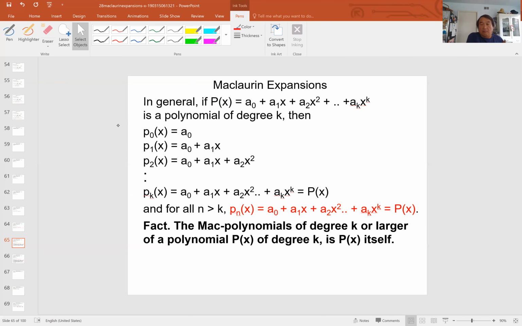Since each one is an expansion of functions, we can calculate the polynomial of Maclaurin expansions using the same sort of approach we use with derivatives.